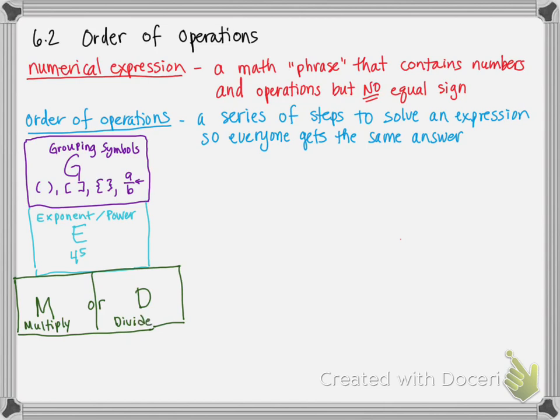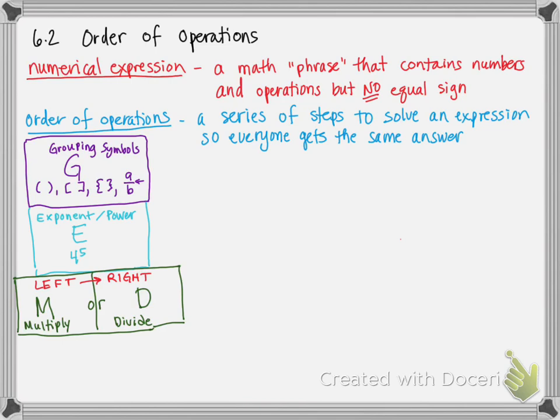So we're going to take care of anything that is in a grouping symbol, we're going to take care of exponents, and then we're going to multiply or divide. Keep this in mind as we go from left to right. Whichever comes up first in our expression, that's what we're going to do. We're going to do either multiplication or division as it shows, and it may show up a couple different times.